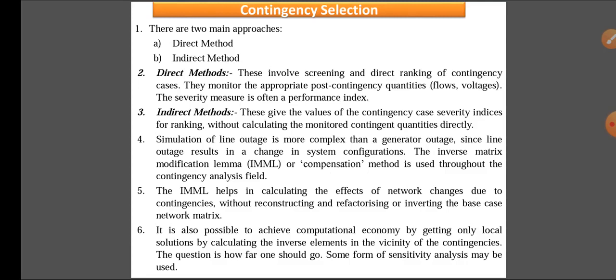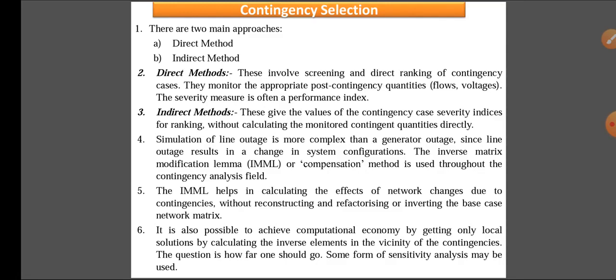Next point: the inverse matrix modification lemma or compensation method is used throughout the contingency analysis. The inverse matrix modification lemma helps in calculating the effects of network changes due to contingencies without reconstructing, refactorizing or inverting the base case network matrix.